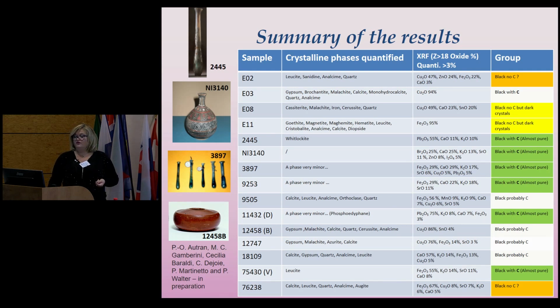In the first column you will see the sample with the inventory number, which is the inventory number of the olpe. You can see some pictures of the olpe inside, on the other part near the column. Then the second column is the crystalline phase, the quantification of the crystalline phase. Then the XRF results of the small percentages of oxides present.